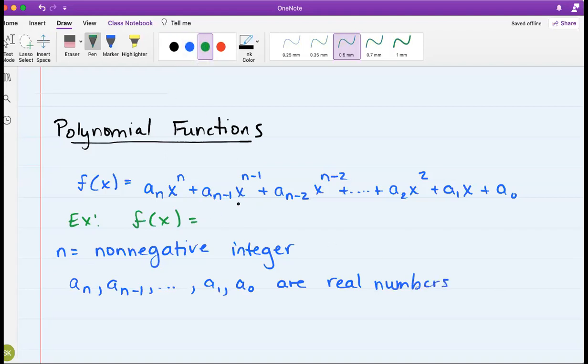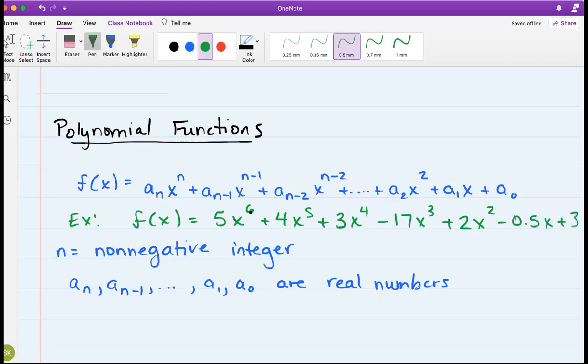So a polynomial function would look something like this: 5x to the 6th plus 4x to the 5th plus 3x to the 4th minus 17x cubed plus 2x squared minus a half x plus 3.